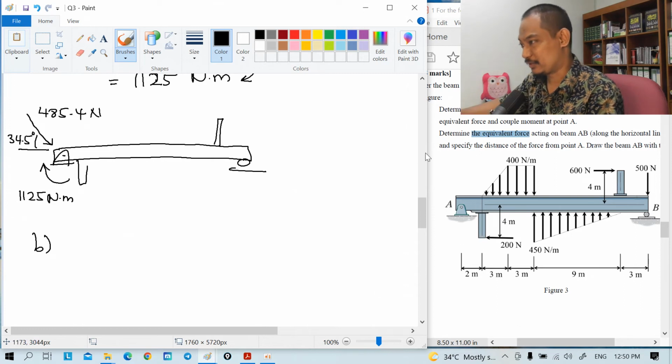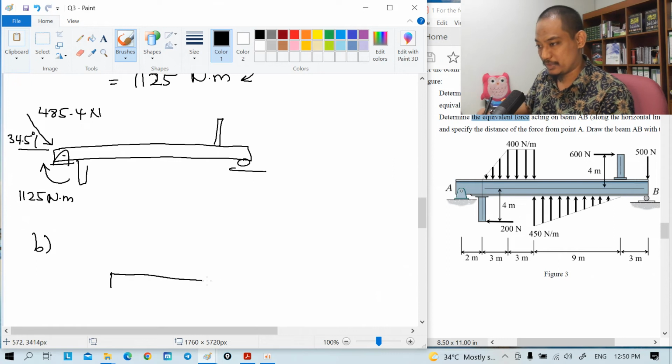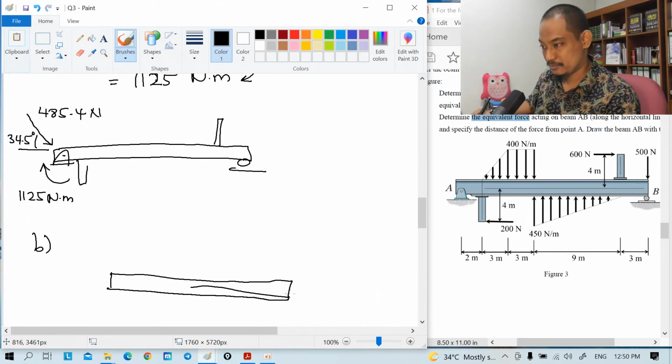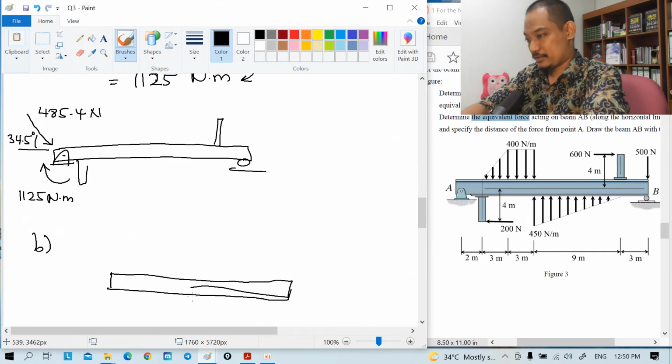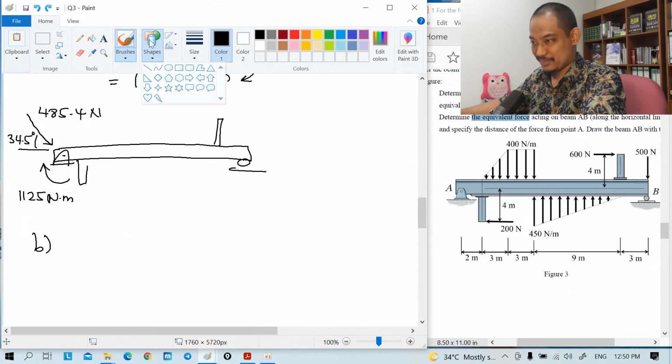Further simplification. What does it mean? It means that if you redraw the beam, just only the beam, let's, if you draw the beam, or should I just use this one?